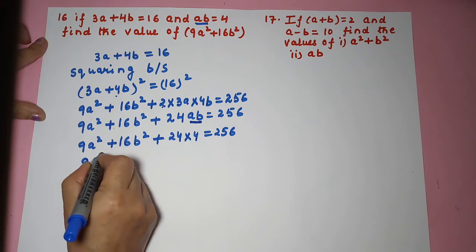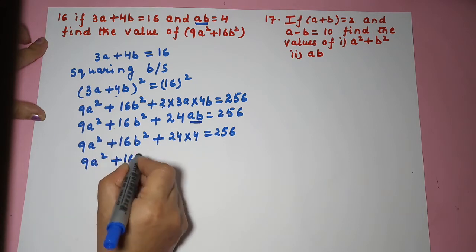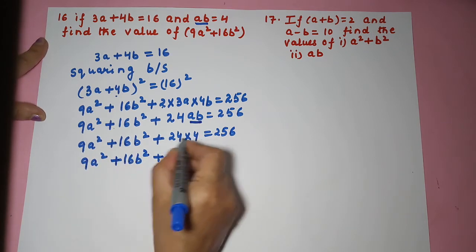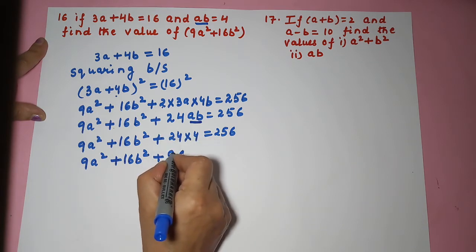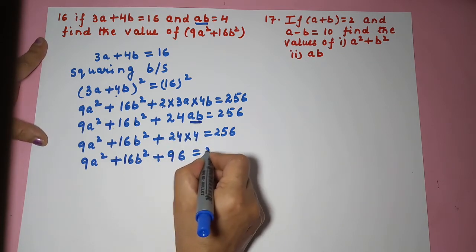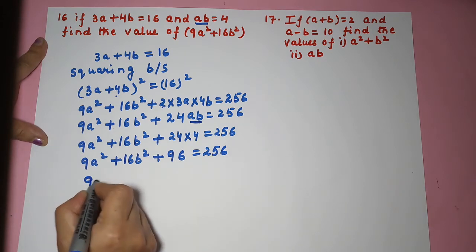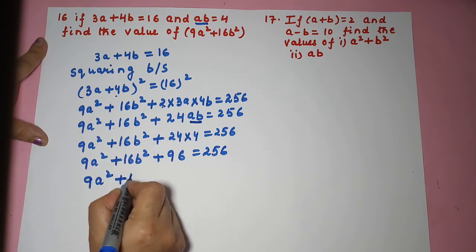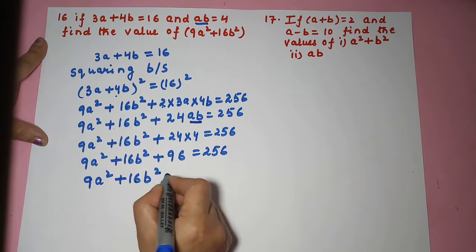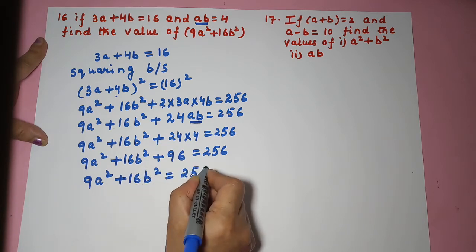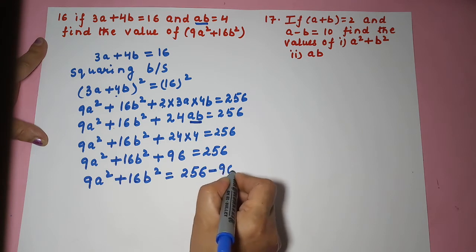So if I solve it further, 4 4s are 16, 4 2s are 8 and 1 is 9, that is 96, equal to 256. Now if I shift it on this side, I will get 9a square plus 16b square is equal to 256 minus 96.